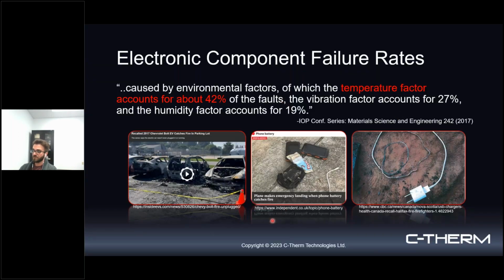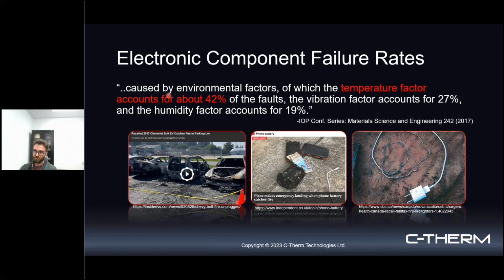So the reason for thermal conductivity being one of the more important aspects to material design is related to the fact that it is at its core the property that's going to manage heat dissipation. If you look at where your different electronics are going to fail out at, this was a quote taken from a conference in 2017.